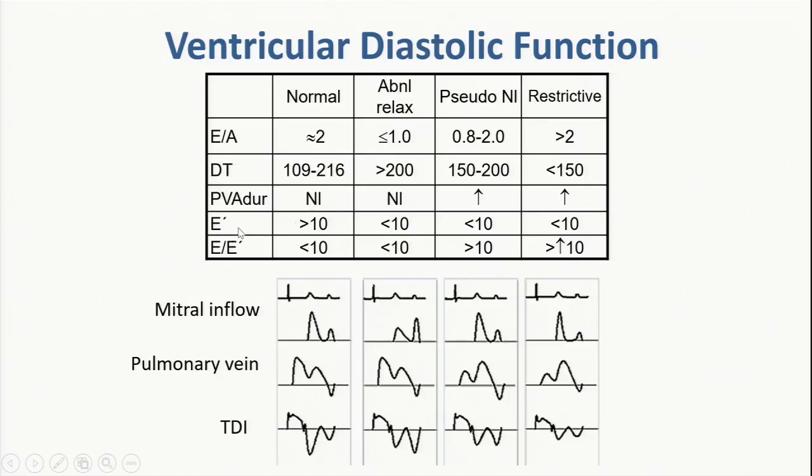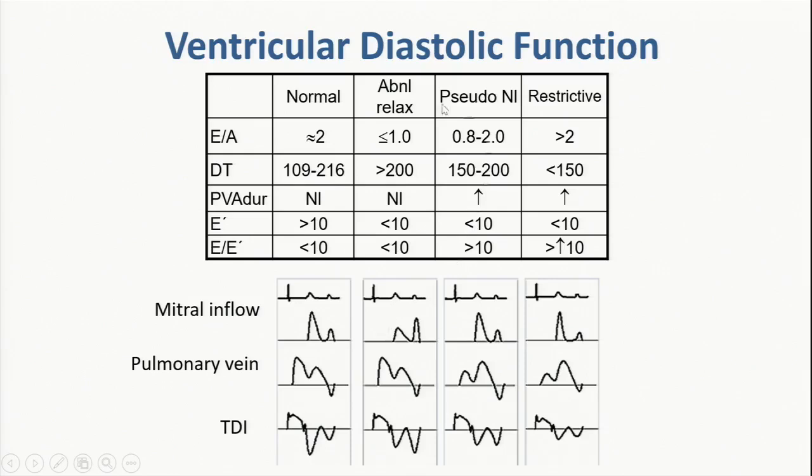The E prime value, that tissue Doppler parameter, is usually greater than 10. And the E over E prime: we're taking the pulse wave E wave and dividing that by the tissue Doppler E prime wave, and that ratio is usually less than 10. So this is what you see in normal.